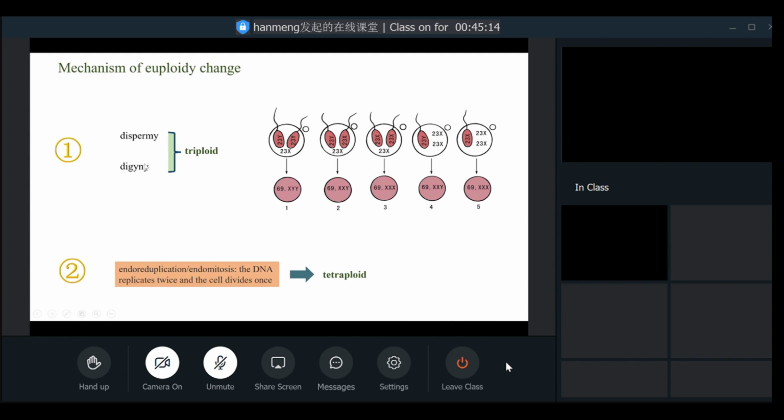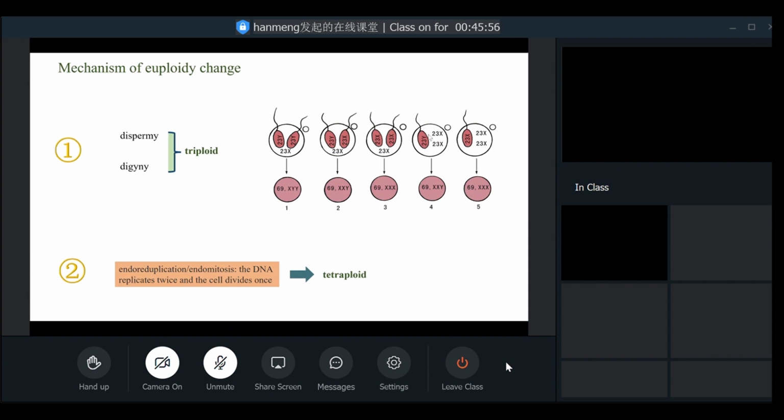The other may be the digyny. It means 1 sperm enters an egg cell, but this egg cell has some abnormality in its meiosis II. So this egg will not only have a replication of the chromosome, but it didn't separate into two daughter cells.